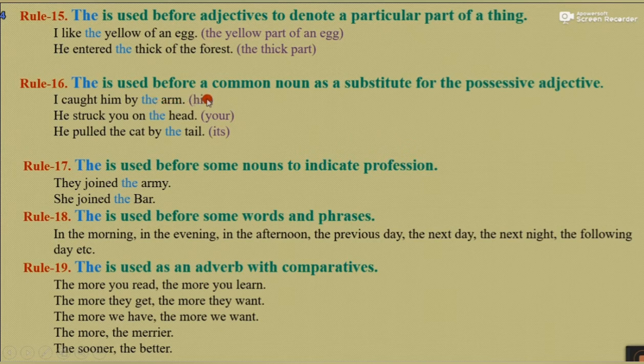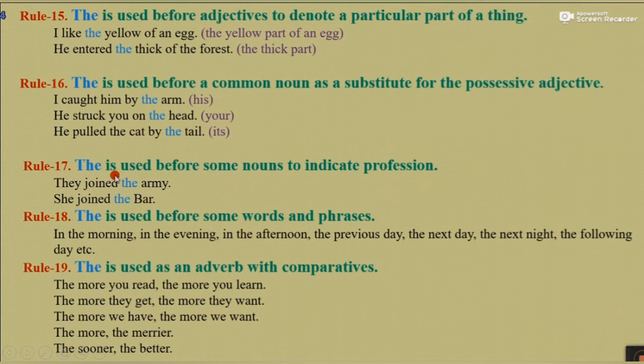Here we use the instead of his. He pulled the cat by the tail. Here instead of its tail we can use the tail.